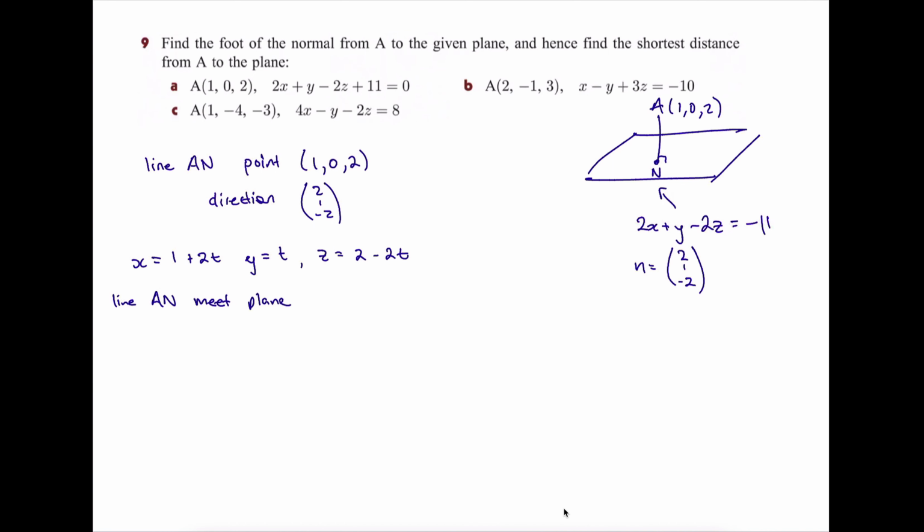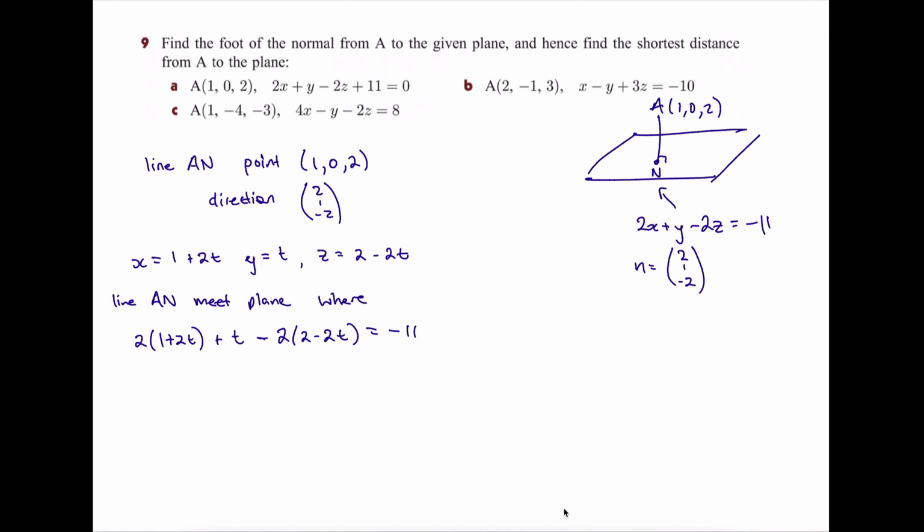I'm not going to rewrite the equation, but it meets that plane where, if I use the plane and I substitute in the x, y, z coordinates, so 2 from the plane, lots of x, which is 1 plus 2t, plus y, which is t, plus, in fact it's take, isn't it, take 2 lots of z, and z is 2 take 2t, and that must equal negative 11.